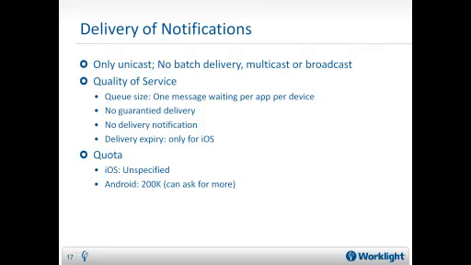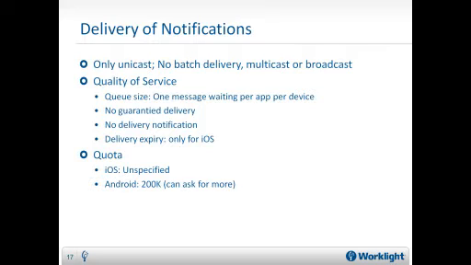So in other words, if you send multiple notifications to a device and the device is not ready to accept your notifications, only one of them will be received when the device becomes ready. On APNS, you can specify an expiration date for your message if it is not delivered until a certain point in time.